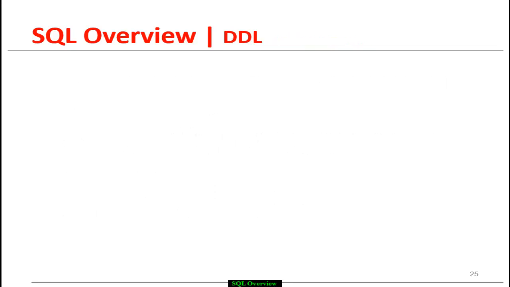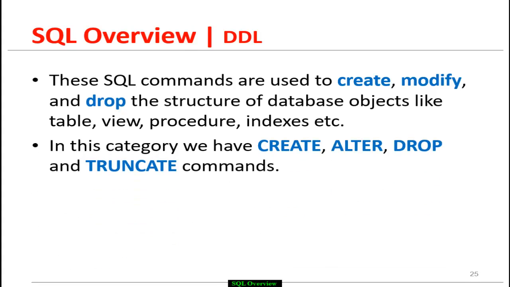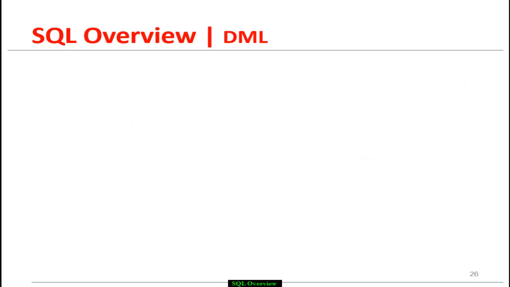Data Definition Language, DDL, is the first SQL command category. These SQL commands are used to create, modify, and drop the structure of database objects like table, view, procedure, indexes, etc. In this category we have create, alter, drop and truncate commands. Data Manipulation Language, DML, is the second category.